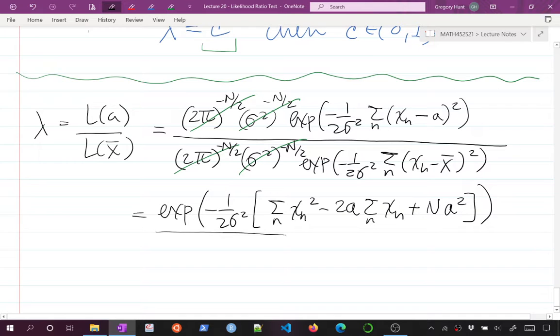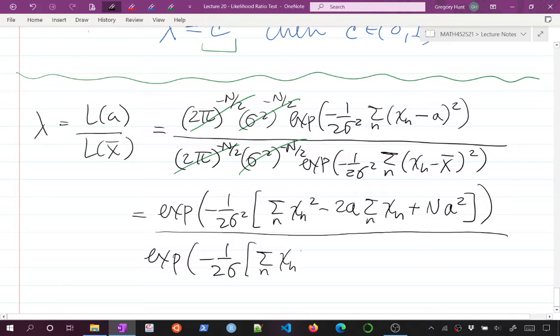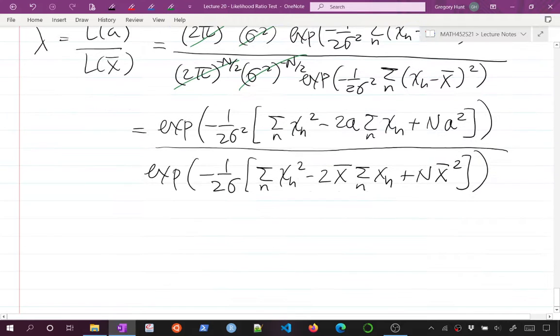I'm skipping a couple steps, but you can verify that that is the correct form. And what are we going to get in the bottom if we play a similar game? It's really similar. We're going to get the sum of the xn squares, and minus 2, now instead of a we have x bar, plus n, instead of a squared, it's x bar squared. All right, so it looks something like that.